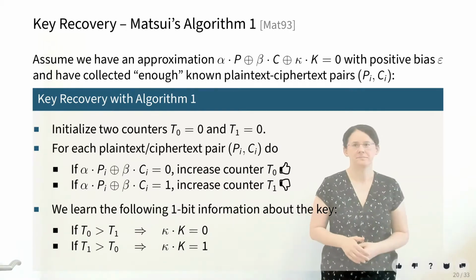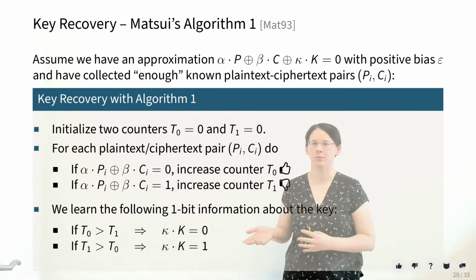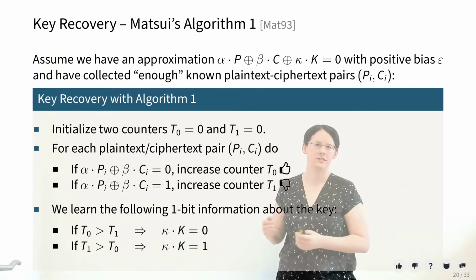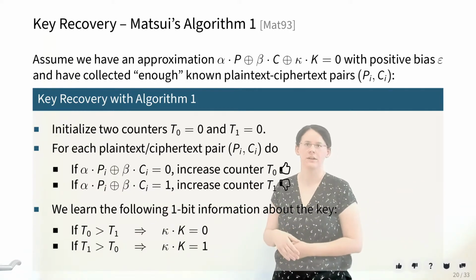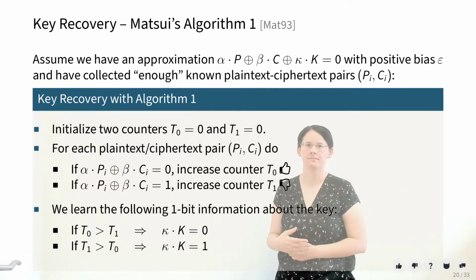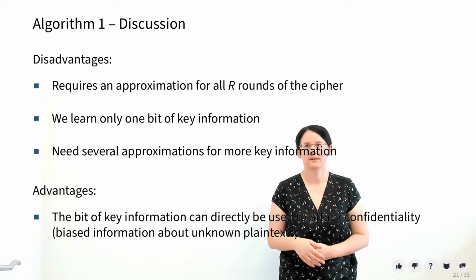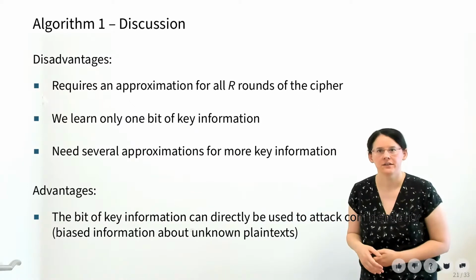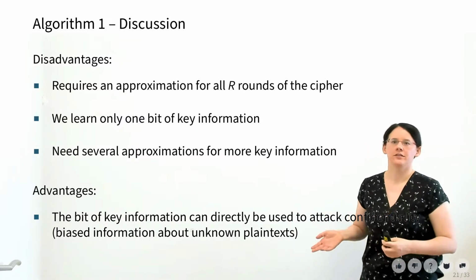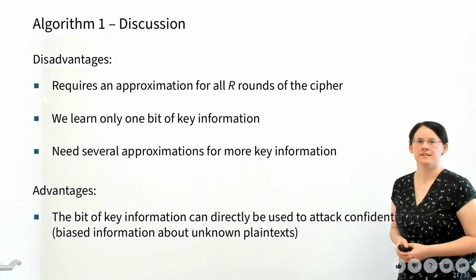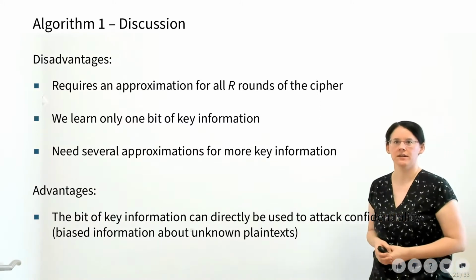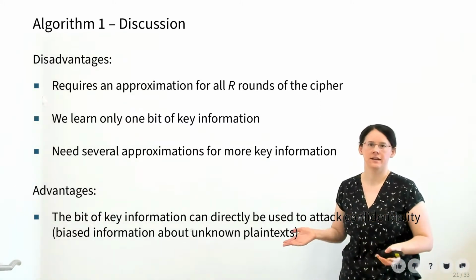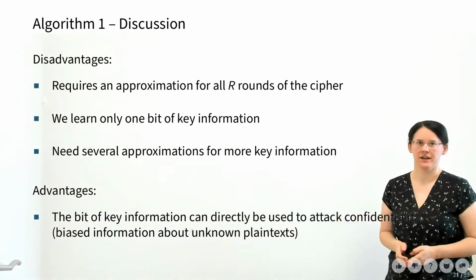So this is bad, because we need to find more things, and we can't just exploit one good characteristic that we have. So that's exactly what is written down here. What's the advantage? Well, I directly learn some key information, which means I can directly use it to attack confidentiality.